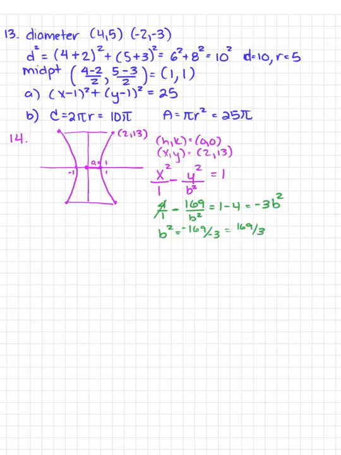And believe it or not, it doesn't reduce. Okay, so my final equation is going to be x squared over 1 minus y squared over 169 thirds, so I can put the 3 up here, over 169, equals 1. That's my equation, all right?